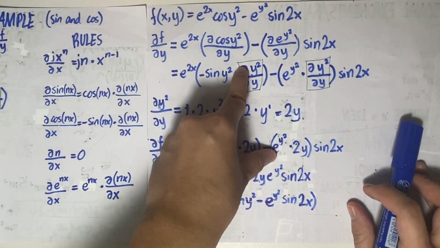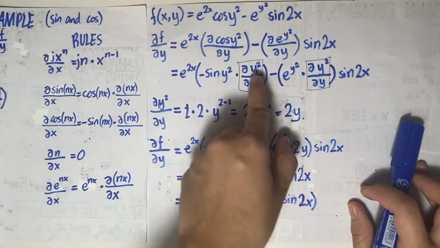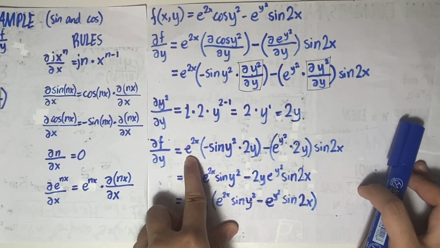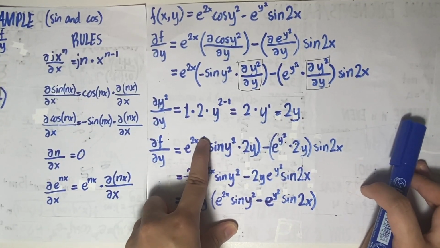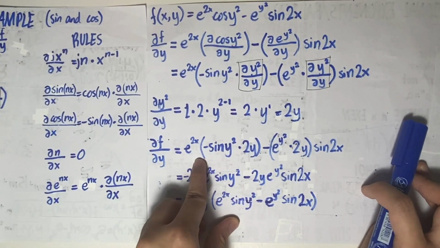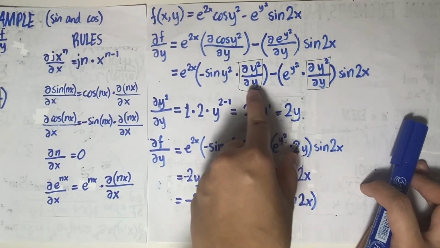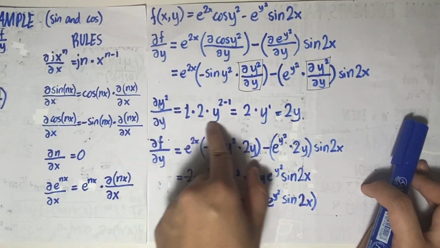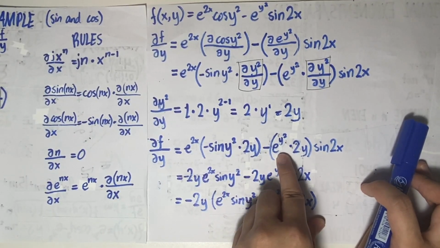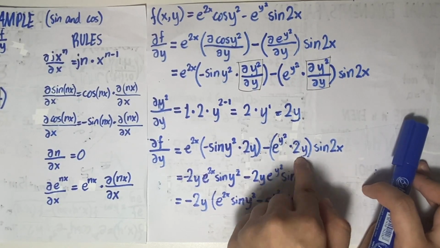Okay, so we put this value 2y into our brackets, over here and over here. And rewriting it, we then get e to the power of 2x times open bracket negative sine y squared times 2y, again from this differentiation right here, minus open bracket e to the power of y squared times 2y.